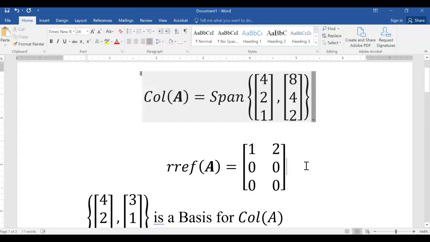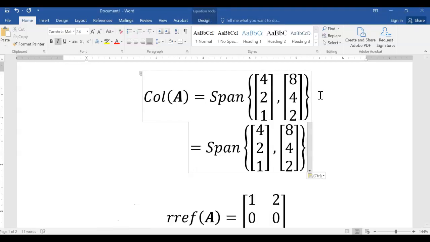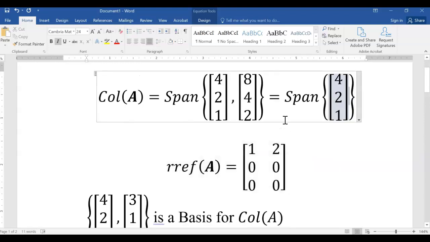Now, not everything is lost here. We know that this 8, 4, 2 is a linear combination of this other vector. So what we can do is we can say since this 8, 4, 2 is a linear combination of this vector, the column space of A could be rewritten by just throwing out the 8, 4, 2 and saying, well, it's actually just the span of this single vector 4, 2, 1.